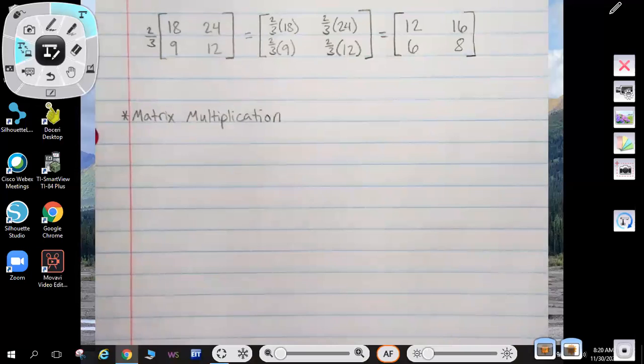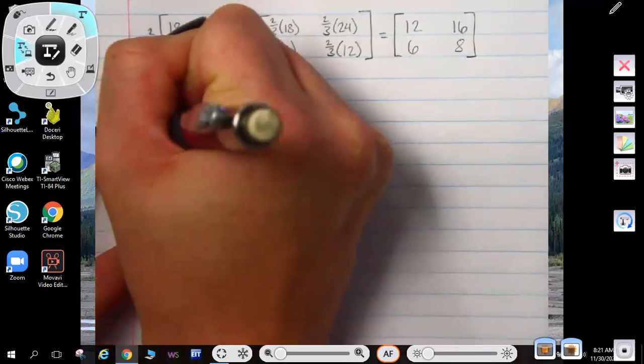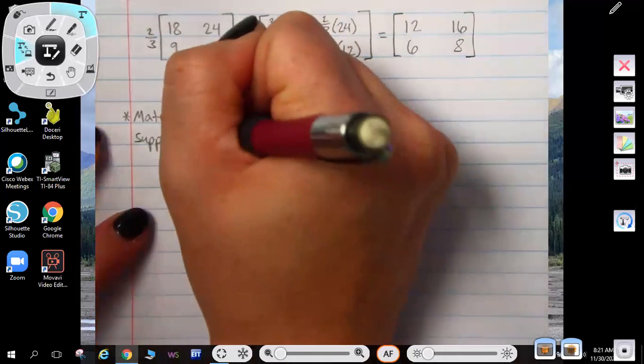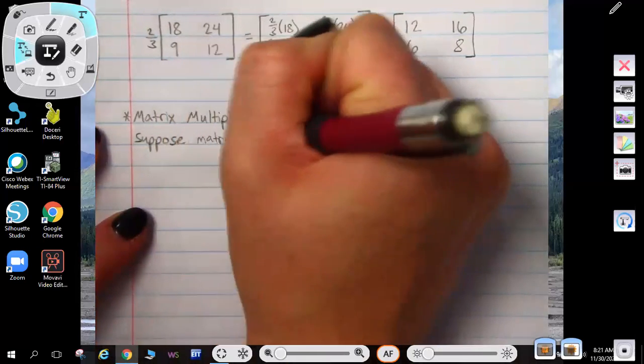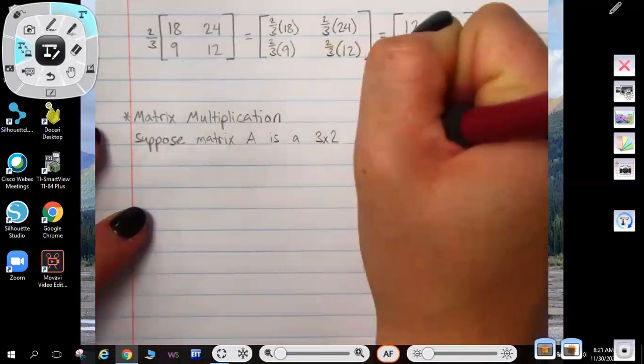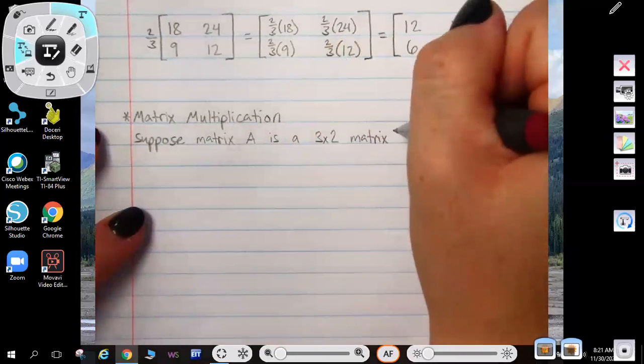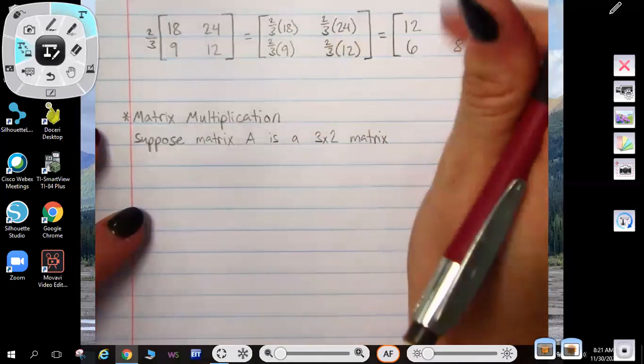What was the top thing called again? Matrix operations. Hold on.